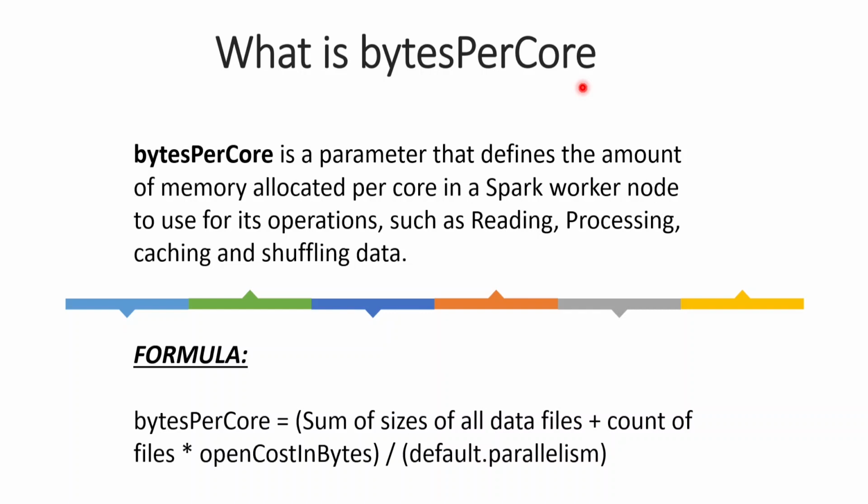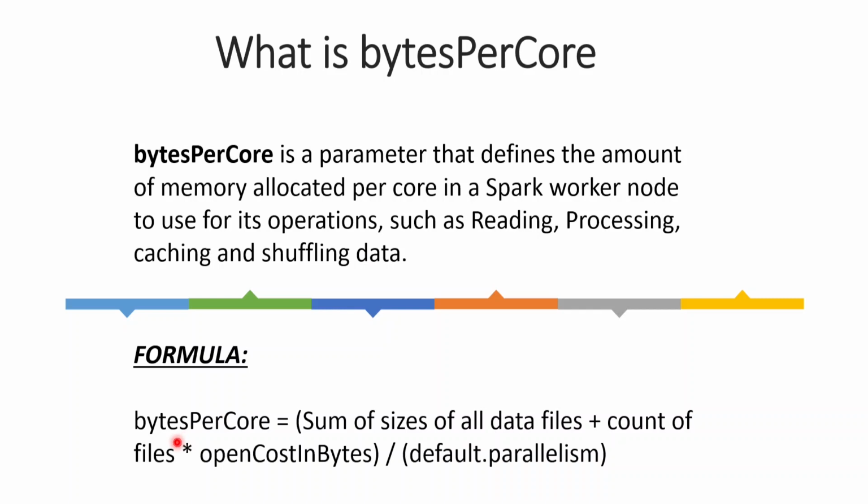First, let us understand what bytes per core is. Bytes per core is a parameter that defines the amount of memory allocated per core in a Spark worker node for its operations, such as reading, processing, caching, and shuffling the data.